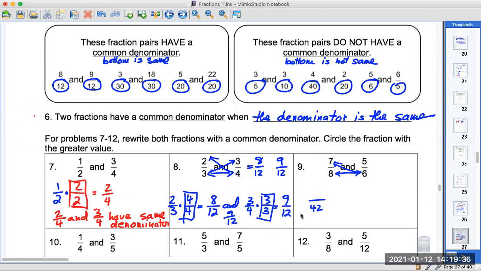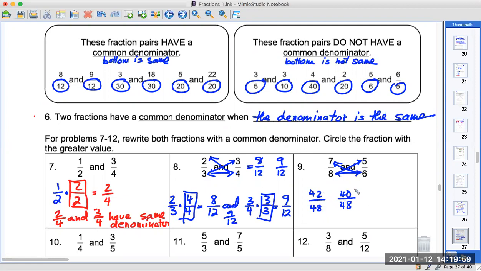Sorry, 8 times 6 is 48, I believe. Yeah. 6 times 7 is 42. And the other one is 8 times 5 is 40. 8 times 6 is 48. So now we have a common denominator, so that's the crisscross.